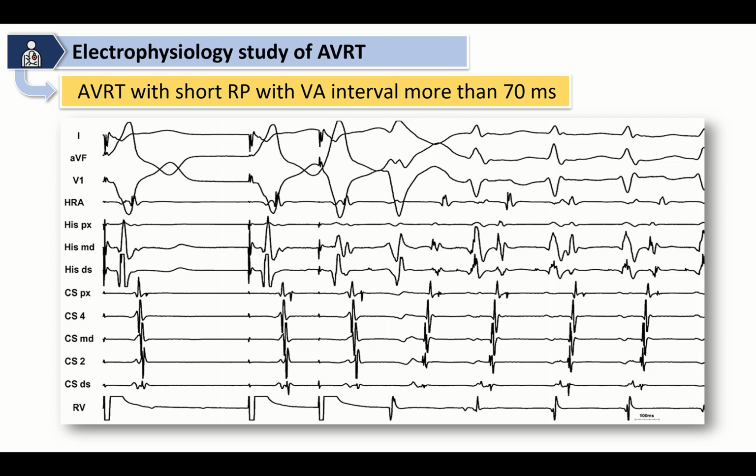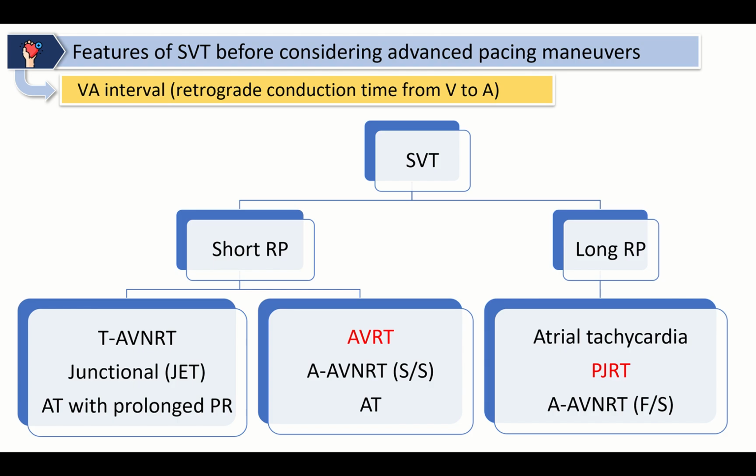Here we can appreciate the classic ECG of AVRT with septal VA interval more than 70 milliseconds. So it is short RP tachycardia, VA more than 70. So golden rule, when we have AVRT, it will present with short RP tachycardia with VA more than 70 milliseconds.